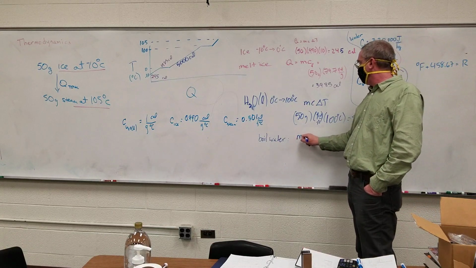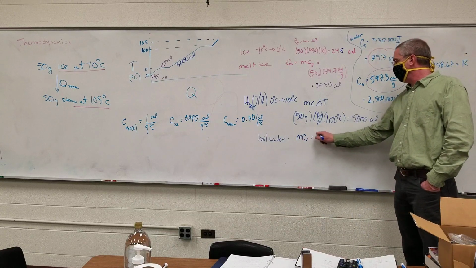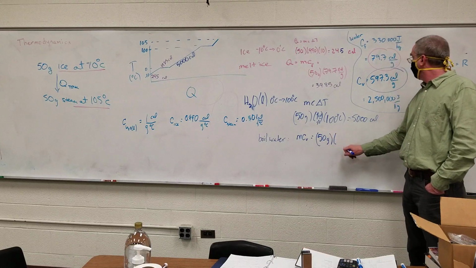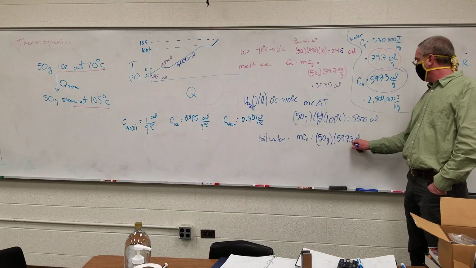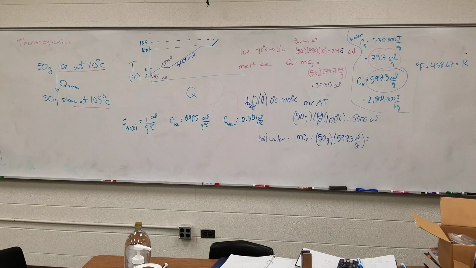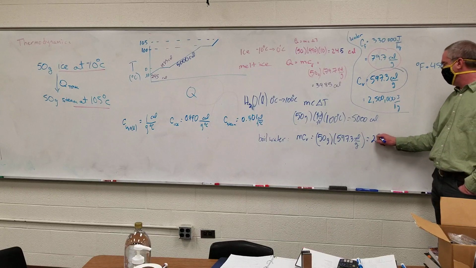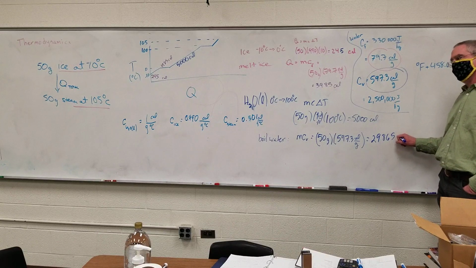So we're dealing with MC sub V. So I have 50 grams times 597.3 calories per gram. That's 29865 calories.